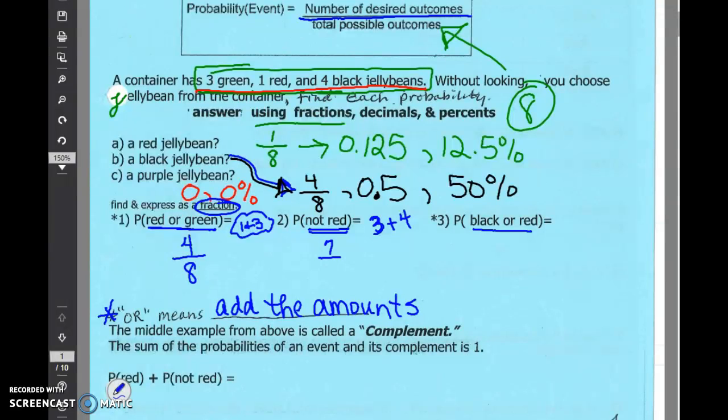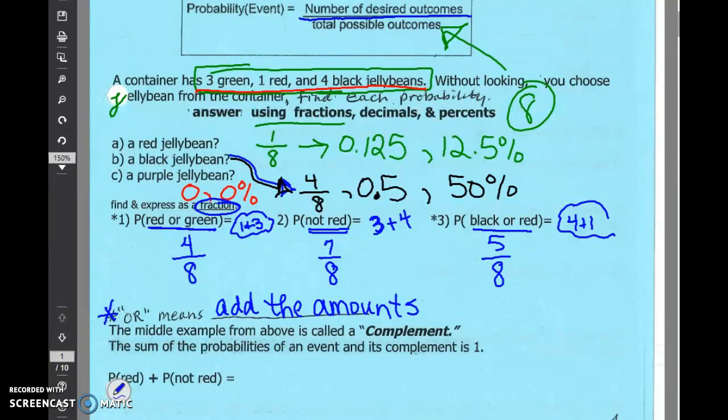Therefore, your total probability is 7/8 for not red. The probability of the black or the red, and again, your little brain cloud of work, there were 4 black jelly beans, there was 1 red jelly bean, and so then we had 5/8 for the probability of black or red.